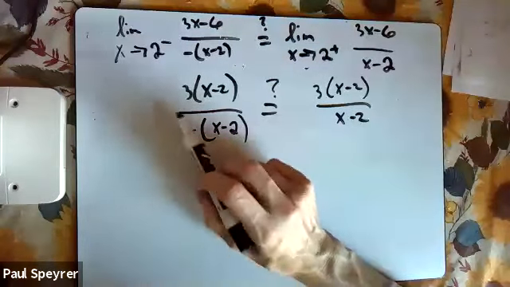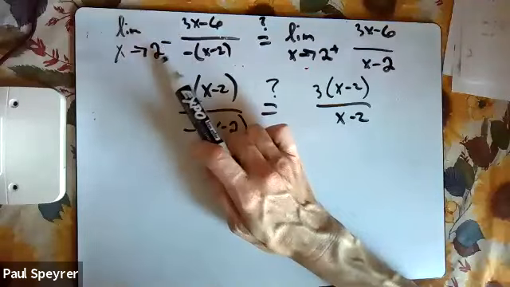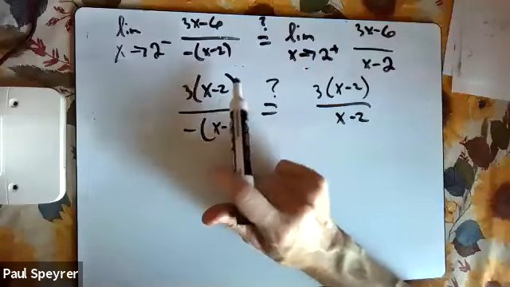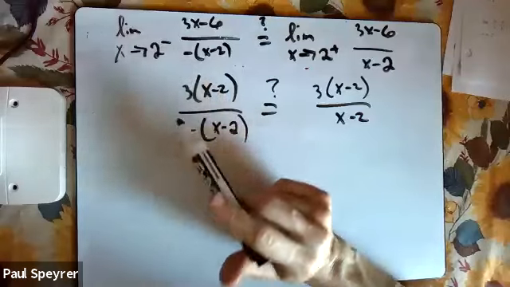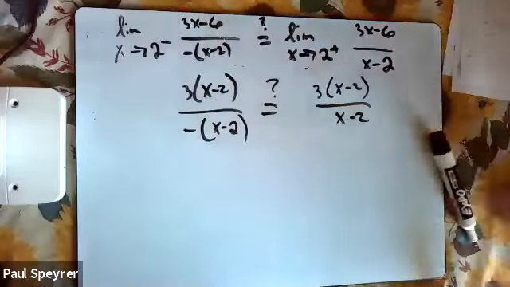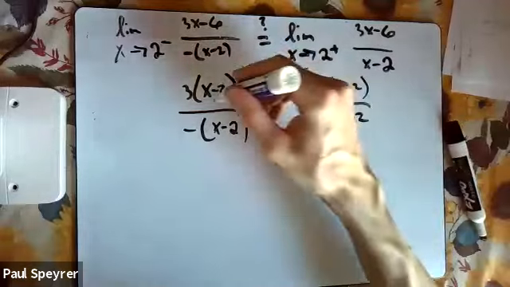So if I plug the 2 in still, like 2 from the left, 2 from the right, we still get 0 in the bottom. We get 0 over 0, which is bad. But we can cancel, right? Look at that. We can knock out these x minus 2's.